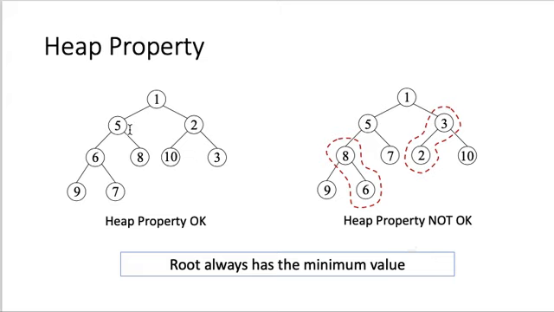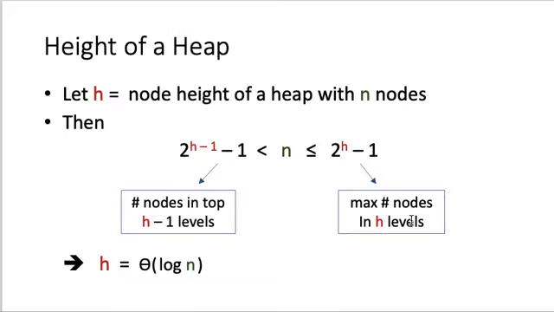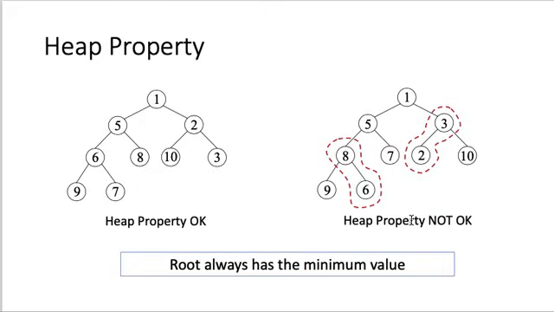Now, because every node will have values smaller than or equal to its children, we can easily show that the root will always be the node storing the minimum value. So we are actually going to use a heap to maintain, this is the data structure problem, a set of numbers.